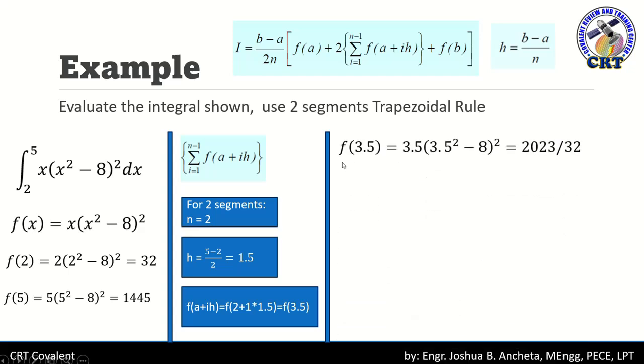Therefore, solving for f(3.5), we have 3.5 times the quantity (3.5 squared minus 8) raised to 2. This is equivalent to 2023 over 32.